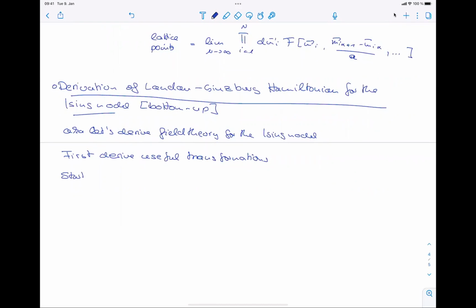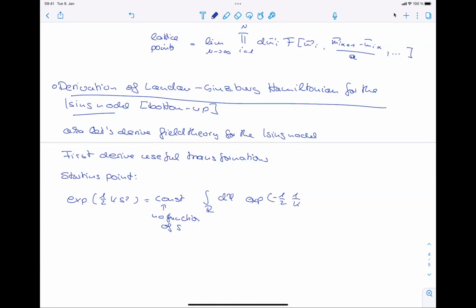The starting point is that I want to show that e to the power of a half k s squared is the same as a constant, which is not a function of s, times an integral over a field psi of the exponent of minus a half k inverse psi squared plus psi s.